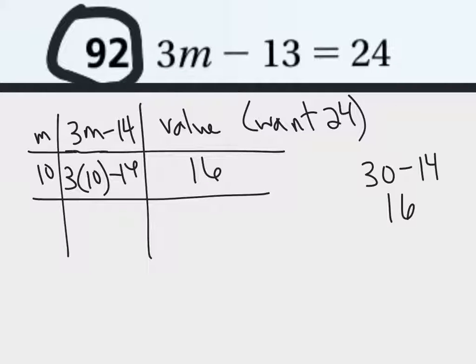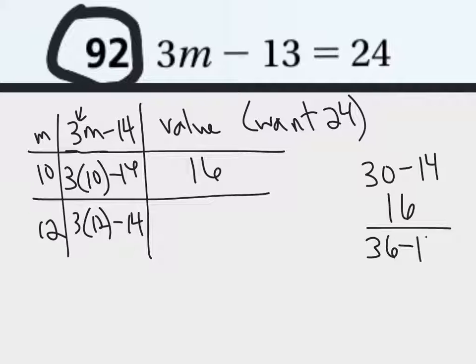We want 24. One thing we can do is we can see the m is being multiplied by 3, so we're going to go up by 3 every time. We're off by 8. So if we went up 3 threes, that would be 9, would be just too much. So I'm going to go up 2, which should put me up by 6 more than what I had. So that would be 36 minus 14, which would be 22.